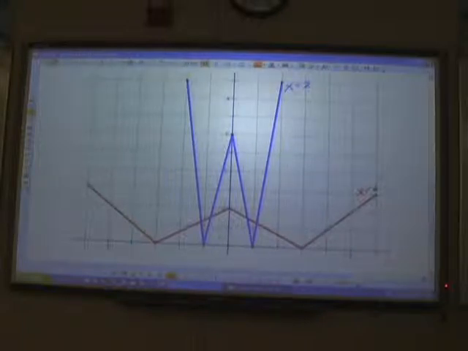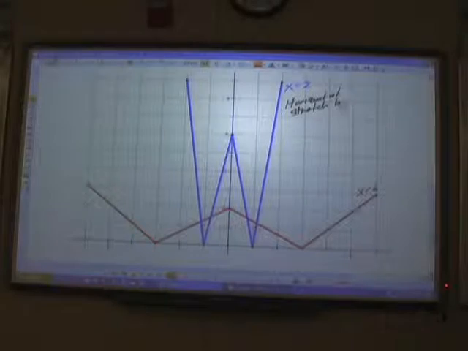So we definitely stretch the graph or set of lines along the horizontal axis. So we have a horizontal stretch by a factor of 3.